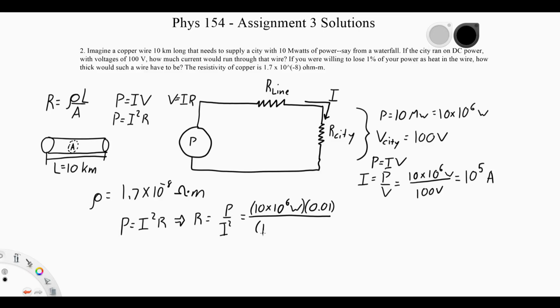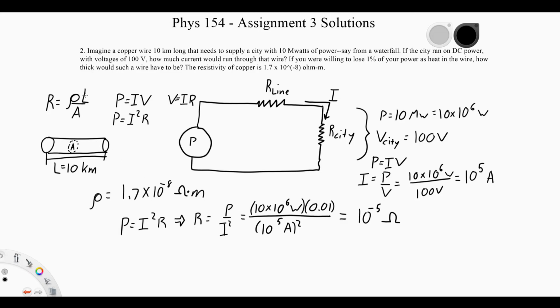And so I is 10 to the 5 amps, and that's squared because it's P over I squared. And this gets us a value for resistance of 10 to the negative 5 ohms. Okay, so with that, we now have a resistance.